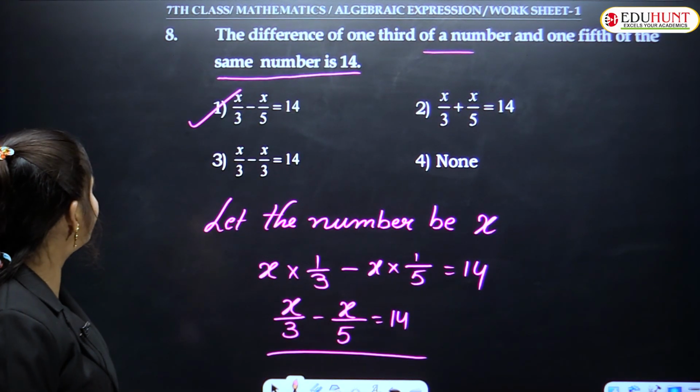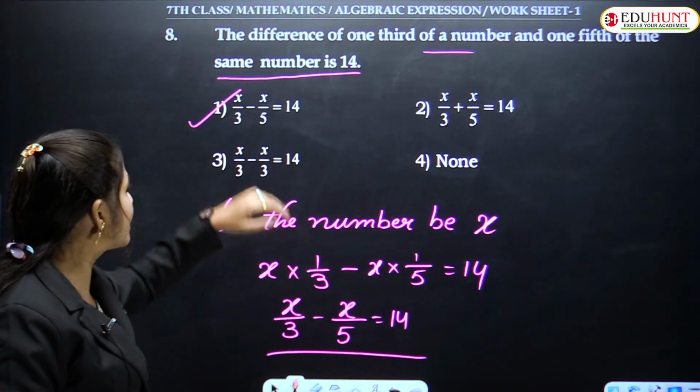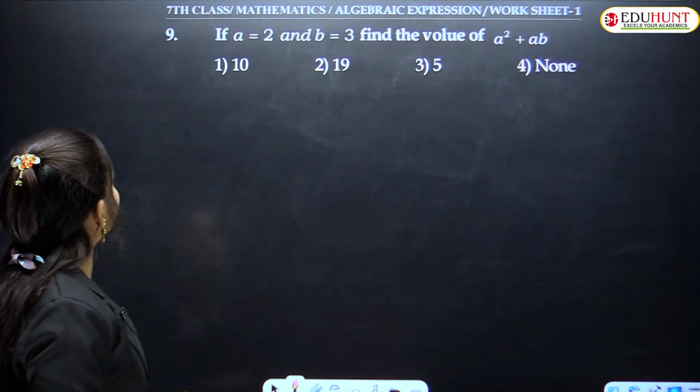Which option is correct here? Yes, option 1 is correct, that is x by 3 minus x by 5 equals 14. Understand? Yes.